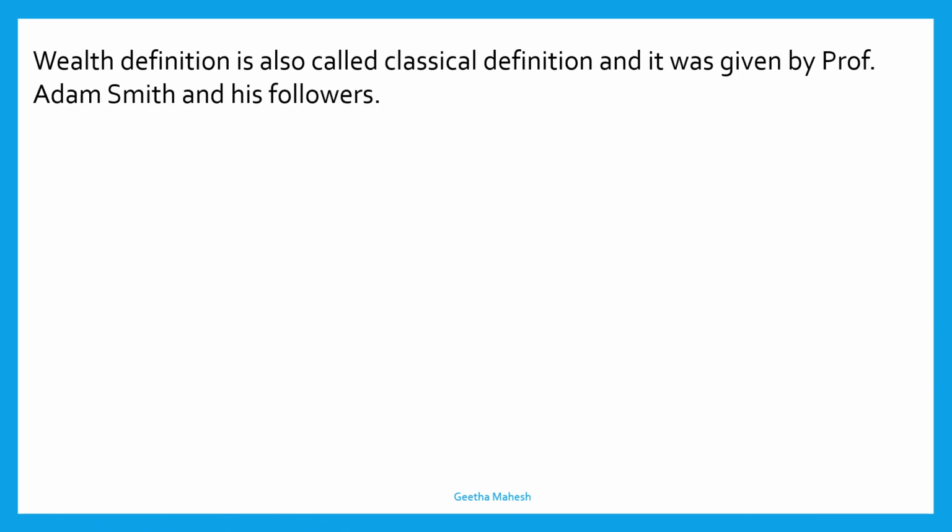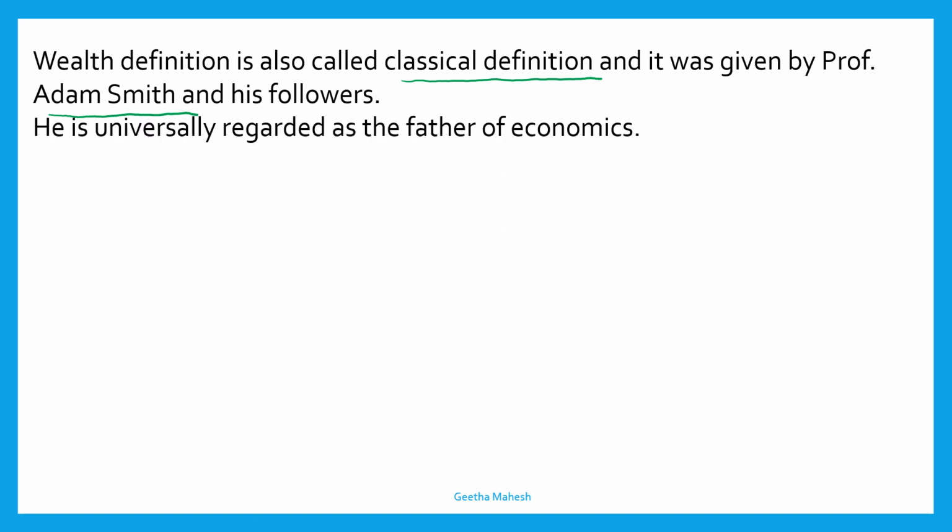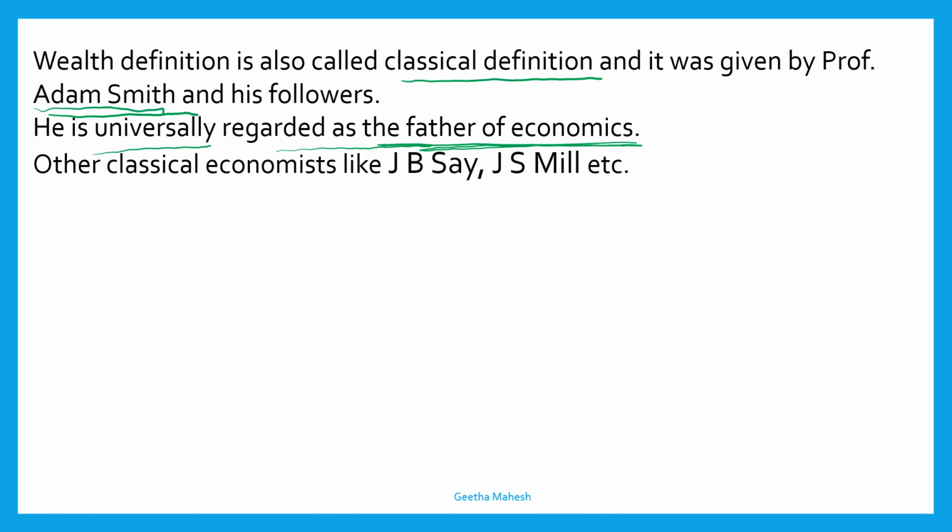Wealth definition is also known as classical definition, and it was given by Professor Adam Smith and his followers. So he is universally regarded as father of economics. Adam Smith is the father of economics.